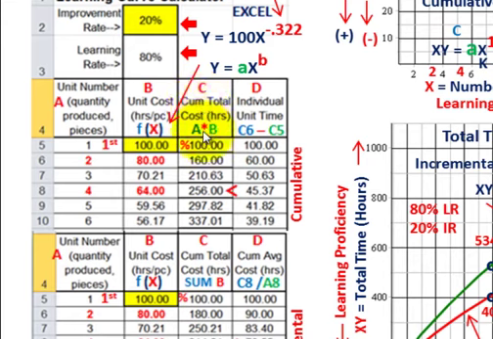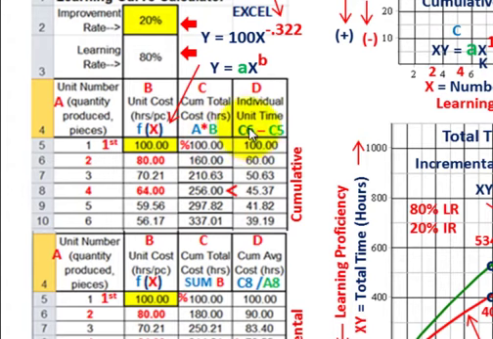And this is the key figure that we're looking at, column C, between these two different models. Then the individual unit time is simply, in the case of our cumulative time, let's look at C6, the 160 hours total time versus what we had the previous time, 100.